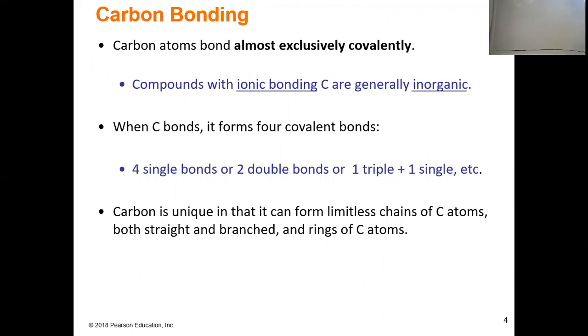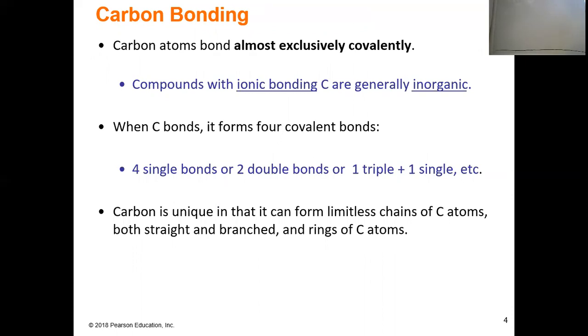Carbon in general bonds covalently. So it shares electrons. This has to do with the fact that it has the 4 valence electrons in its shell. So it's a lot more energy efficient for it to be covalently bonding instead of ionic bonding.